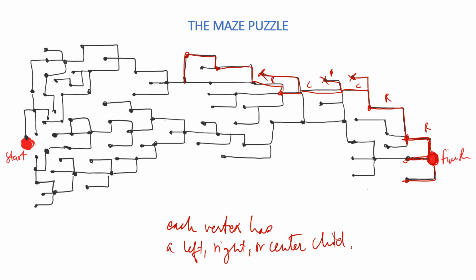Now this leads us back here, which is connected to another part, so this is not a tree. Vertices can come back and connect with each other.